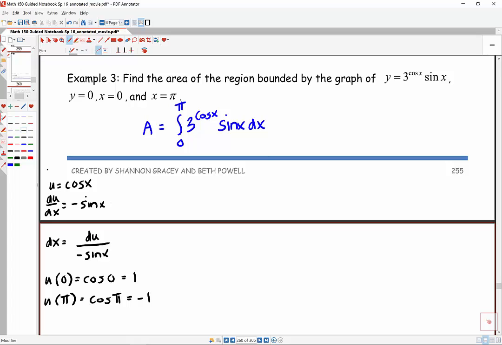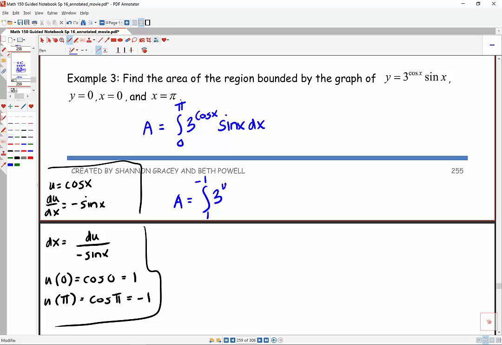So putting it all together, we will have our area is equal to the integral from 1 to negative 1 of 3 to the u times sine of x, and in for dx we have du divided by negative sine of x.